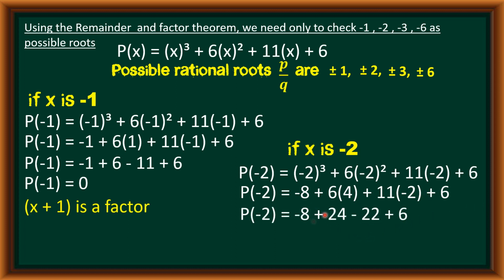And then negative 8, 6 times 4 is 24, 11 times negative 2 is negative 22 plus 6. When we simplify them all, 0. Check natin. 8 tsaka 22, negative pareho, so negative 30. And then 24 plus 6 is positive 30. So 30 minus 30 is 0. Therefore, x plus 2 is a factor.